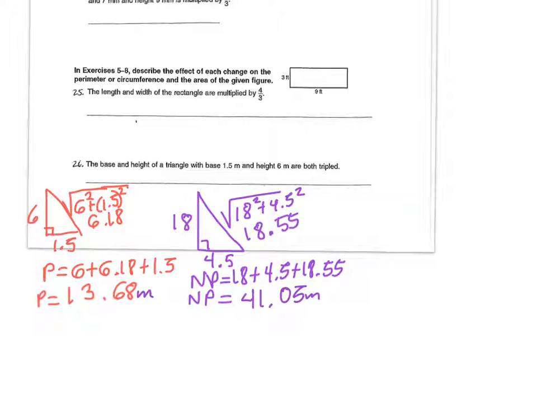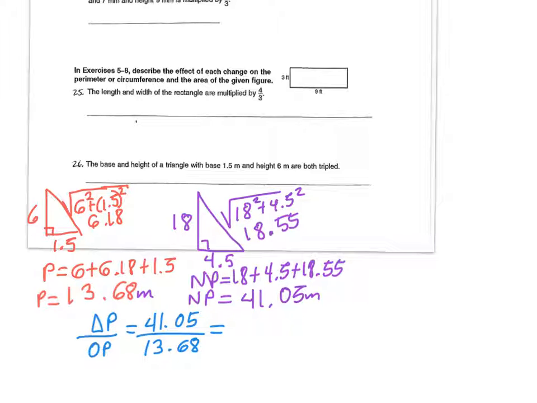So now, when you compare the changing perimeter to the original perimeter, that would be 41.05 divided by 13.68.